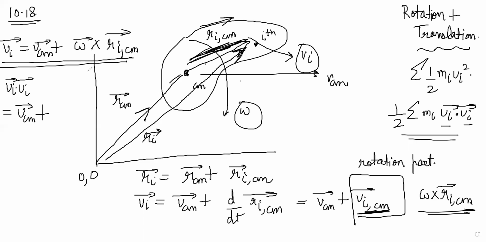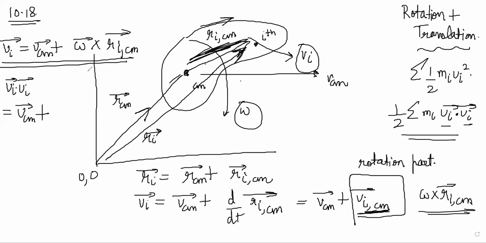Now kinetic energy is dot product of this velocity vector with itself. Right now he's trying to track the kinetic energy of the ith particle. So that will be half mi Vi dot Vi. And see how he is doing the Vi dot Vi part.